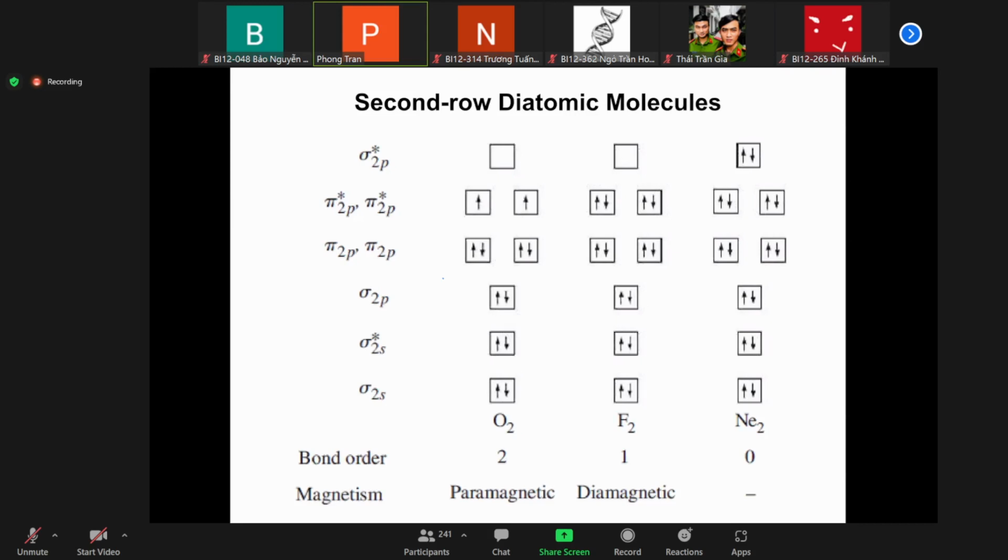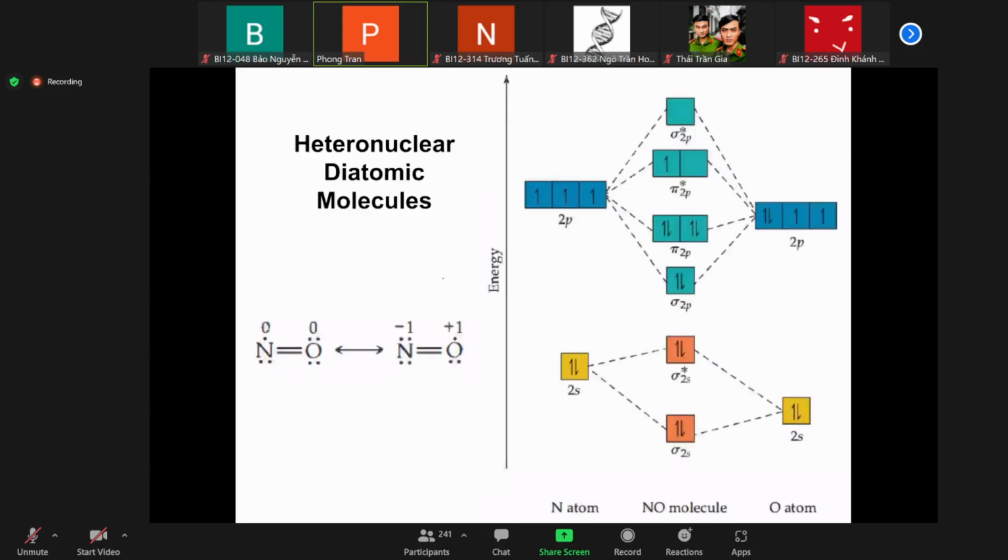So for the heteronuclear diatomic molecule, like in the case of NO, you know that oxygen and nitrogen have different electronegativity. So you use the same diagram as O2, but you have lower energy in the case of oxygen because it has a higher electronegativity. Nothing very special.